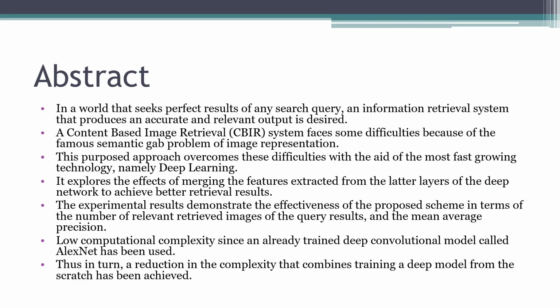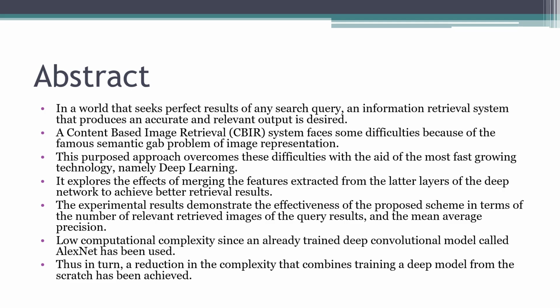However, because of the famous semantic gap problem of image representation, a CBIR system faces some difficulties since it highly depends on the extracted image features as the basis for a similarity check between the query image and database images. This proposed approach overcomes these difficulties with the aid of the most fast-growing technology called deep learning.